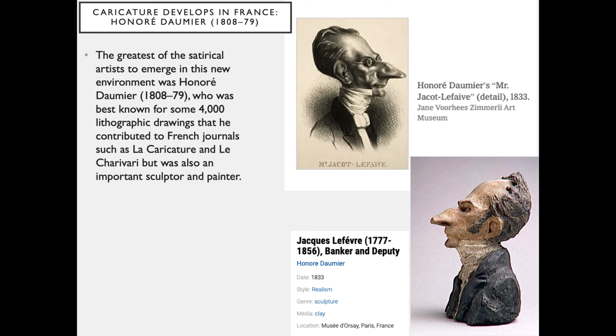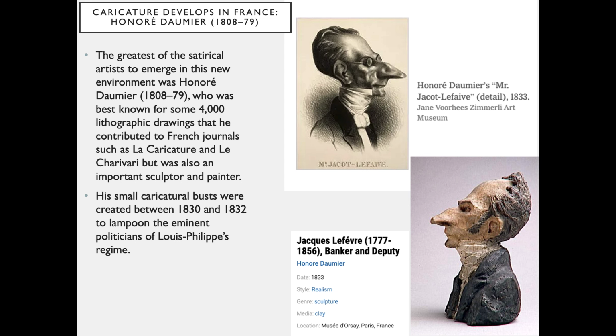The greatest of the satirical artists to emerge in this new environment was Honoré Daumier, who was best known for some 4,000 lithographic drawings that he contributed to French journals such as La Caricature and Le Charivari, but was also an important sculptor and painter.